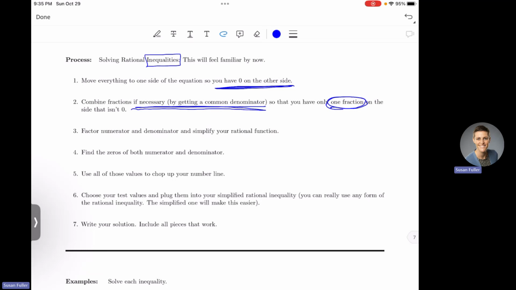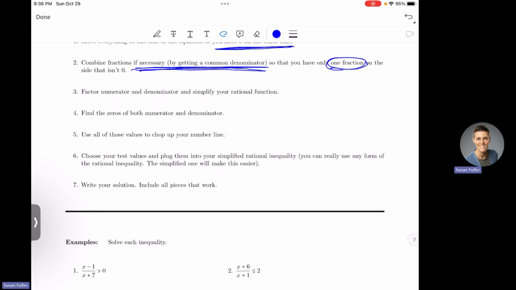You must get that set up before you go any further. One fraction on one side, a 0 on the other. And again, if you're not given that setup, subtract everything to one side and then combine those fractions on that side by getting a common denominator. And then you'll have one fraction on one side, a 0 on the other.